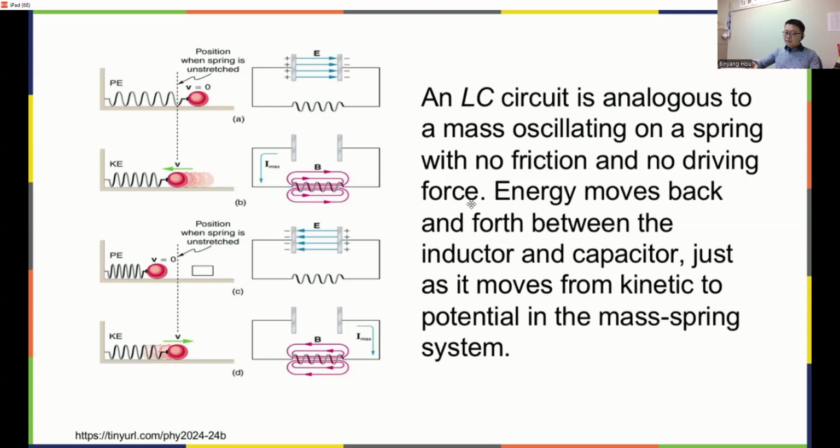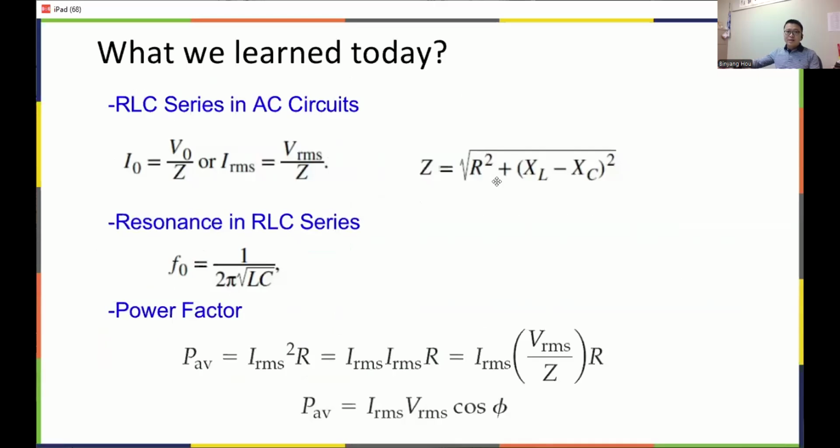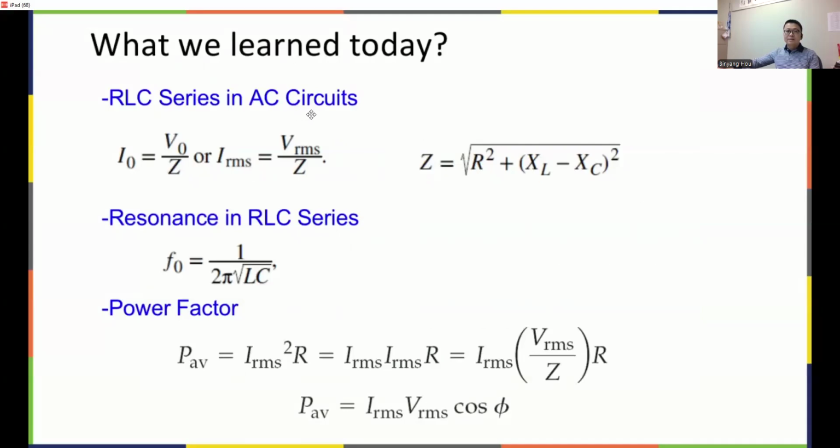All right. So what we learned today: we took a look at the RLC combination in AC circuits. Maximum current will be maximum voltage divided by the impedance, and RMS current will be equal to RMS voltage divided by the impedance.